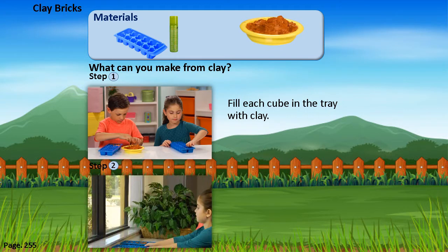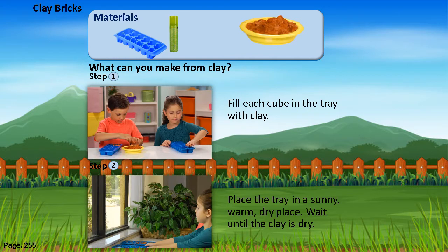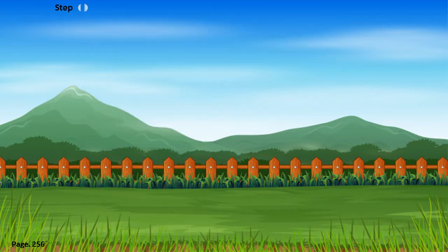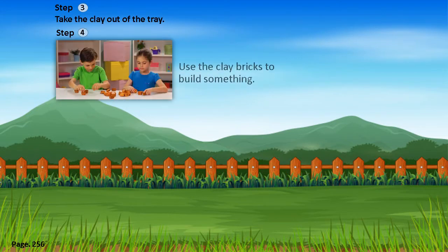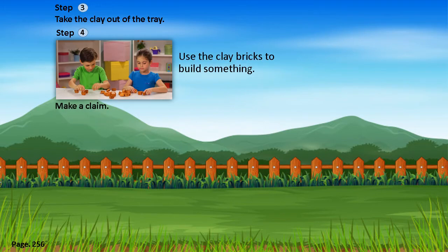For step 2, they have to place the tray in a sunny, warm, dry place and wait until the clay is dry. For step 3, the children have to take the clay out of the tray. For step 4, they have to use the clay bricks to build something.